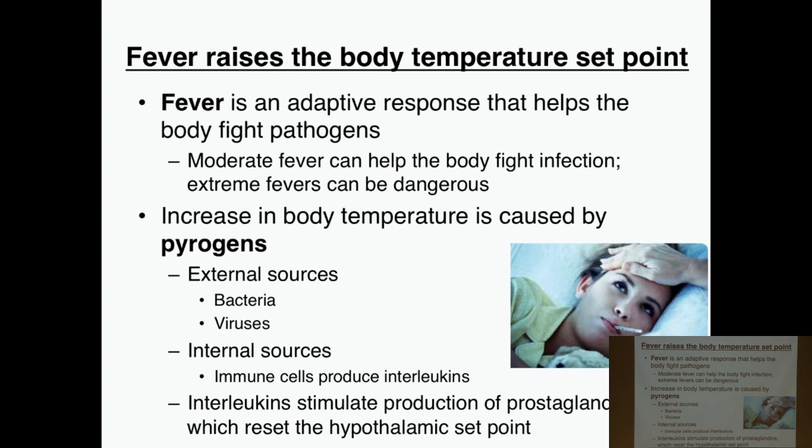And these interleukins stimulate the production of chemical messengers known as prostaglandins, and these go and reset the hypothalamic set point to a higher temperature. So you're actually resetting your thermoregulatory set point.